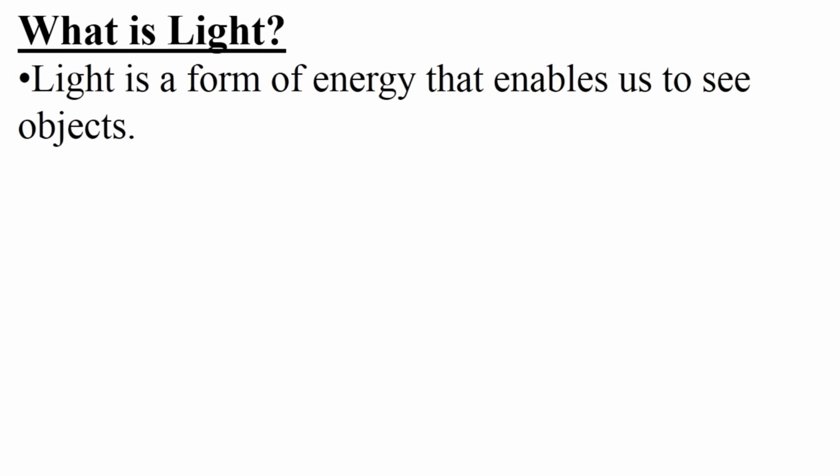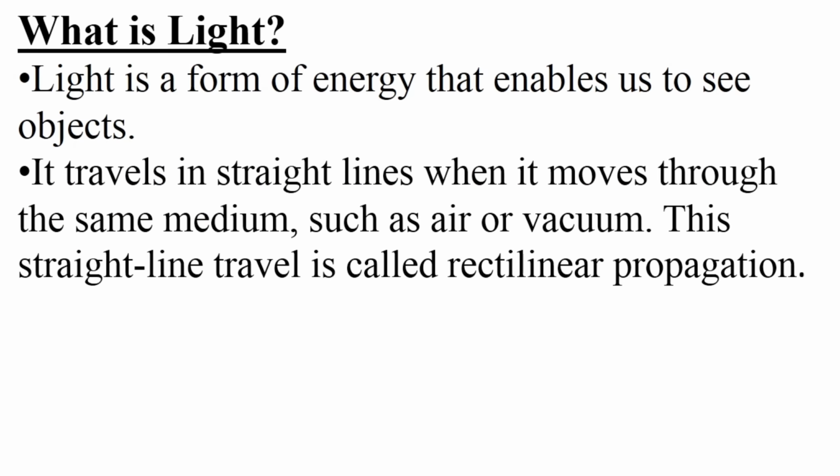What is light? Light is a form of energy that allows us to see the world around us. Without light, everything would appear dark, even colorful things wouldn't be visible.